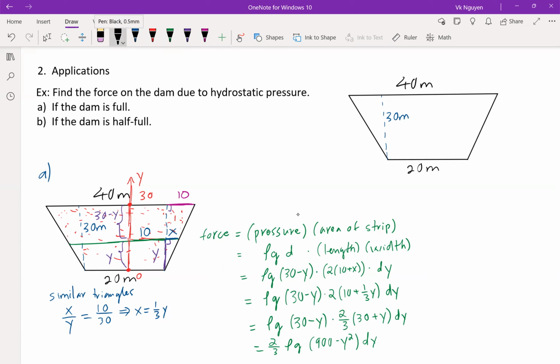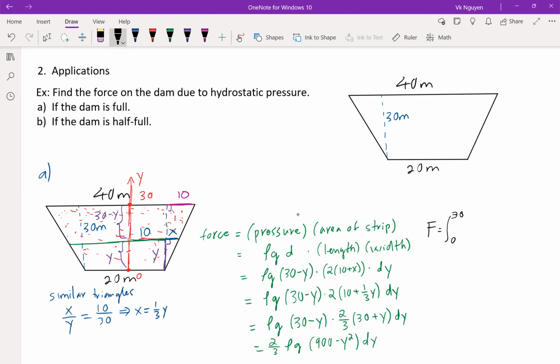Since this is the force on a submerged strip, in order to figure out the force on the dam, we've got to sum up all of the submerged strips, and the summing is the integration. Force is the integration from the bottom to the top of the dam, because the dam is full, 0 to 30.